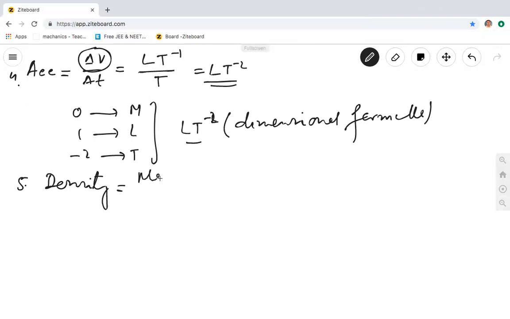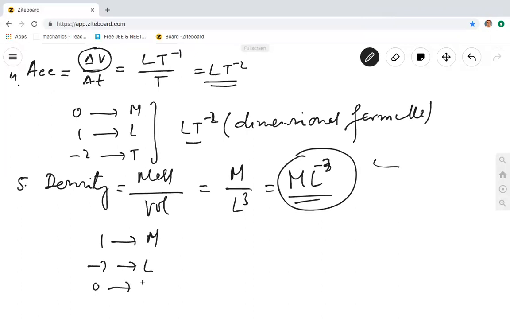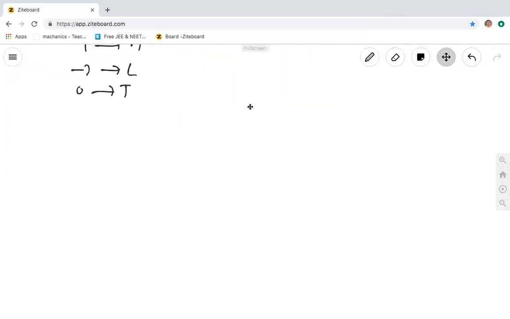So it is mass by volume, so it is m by L cube. So it's ML minus 3. Now you can well understand that dimensions and dimensional formula are this itself. So it is 1 in mass, minus 3 in length, and time is missing, so 0 in time. Now let me go to force.